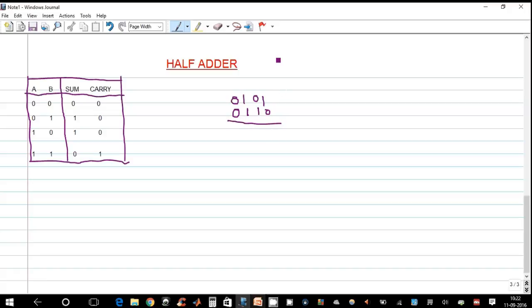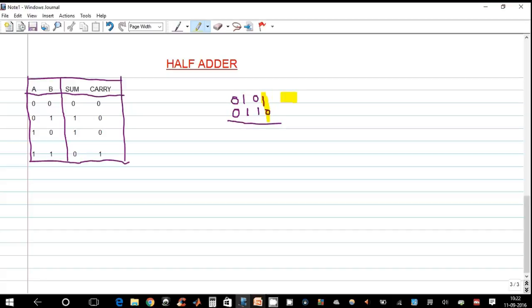Half addition is only related to the addition of this bit with this bit. So it requires two inputs, each of single bit.